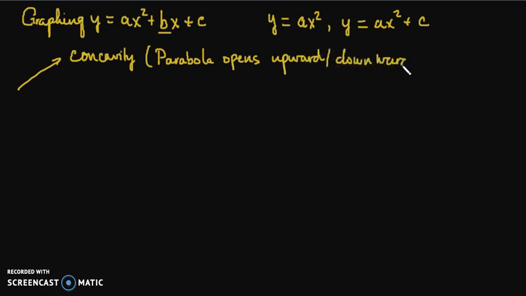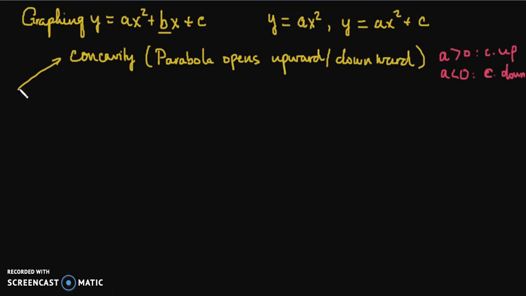The factor that affects the concavity is the coefficient a. So if a is positive, it's concave up, and if a is negative, the parabola is concave down.